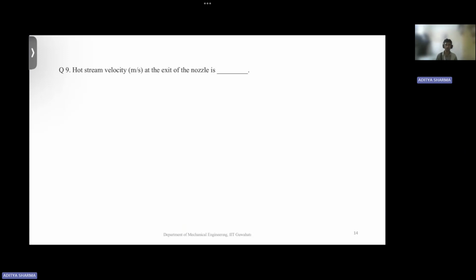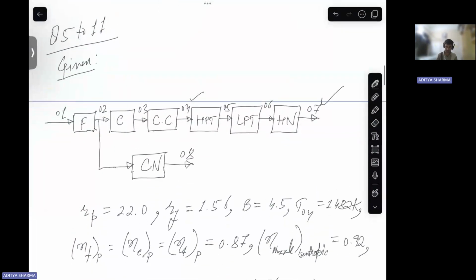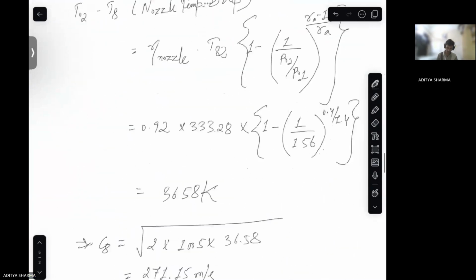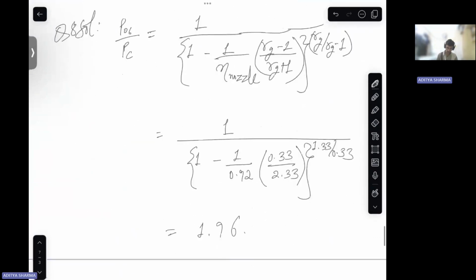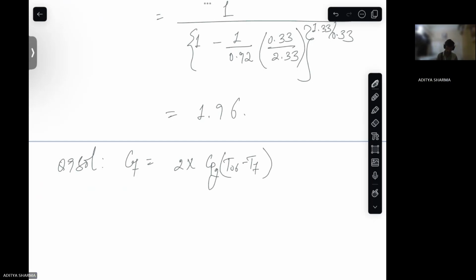So we are discussing question number 9, where we need to find out the hot stream velocity at the exit of the nozzle. As you see the schematic, this is exit of the nozzle. So C7 we need to find out. C7 can be calculated from the enthalpy only: T naught 6 minus T7 raised to power 1 by 2.